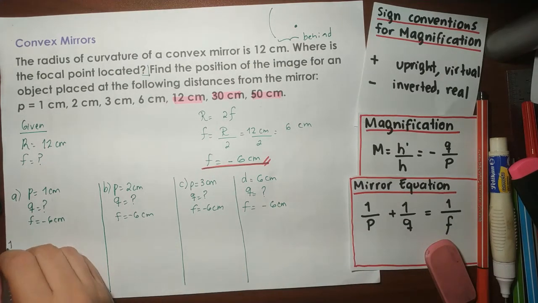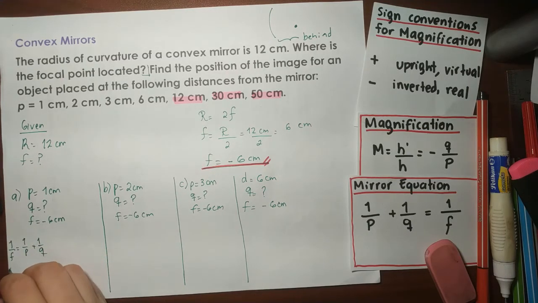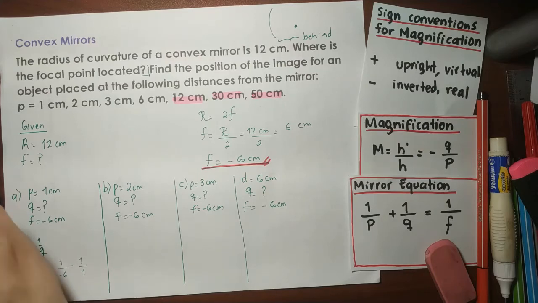So 1 over F equals 1 over P plus 1 over Q. Isolating for Q, 1 over Q is equal to 1 over F minus 1 over P. This is equal to 1 over negative 6 minus 1 over 1. So 1 over Q is giving me negative 1 over 6 minus 1.